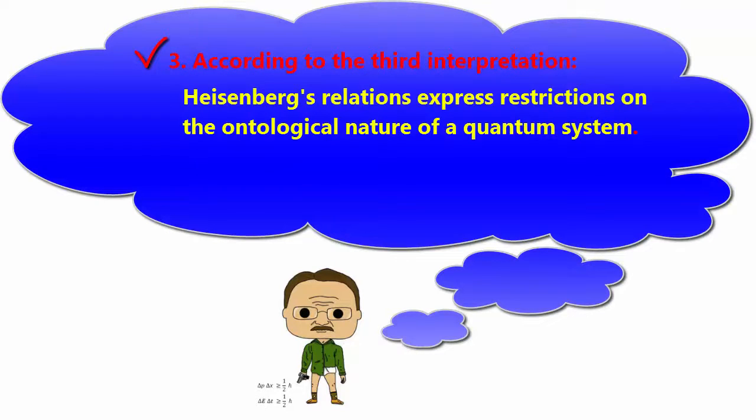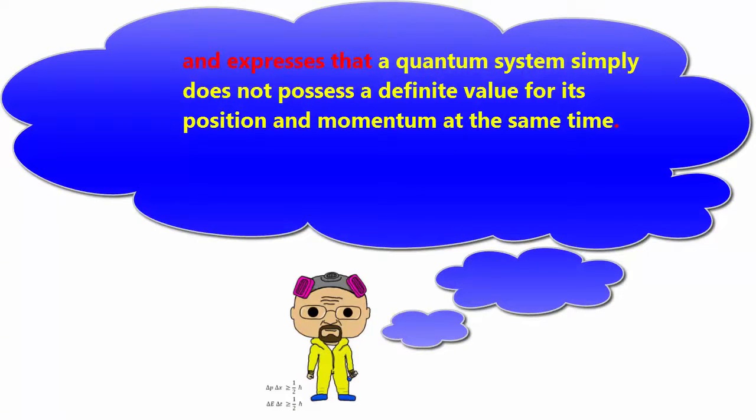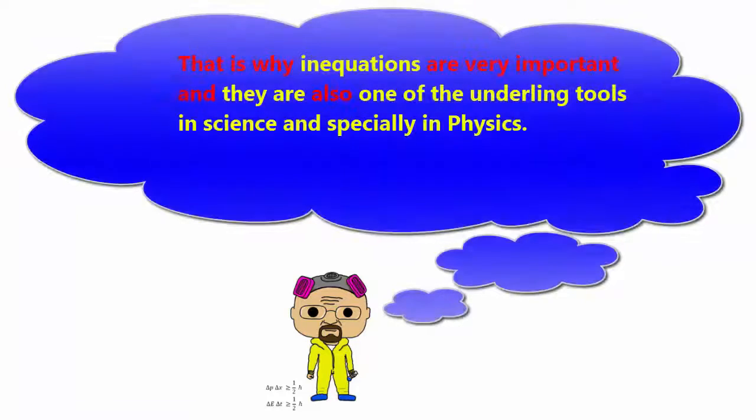According to the third interpretation, Heisenberg's relations express restrictions on the ontological nature of a quantum system, and express that a quantum system simply does not possess a definite value for its position and momentum at the same time. That is why inequations are very important, and they are also one of the underlying tools in science and especially in physics.